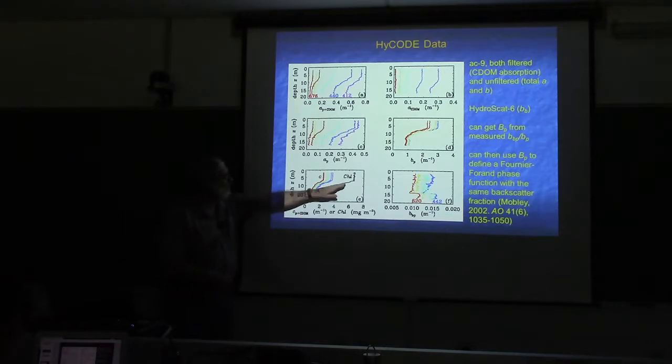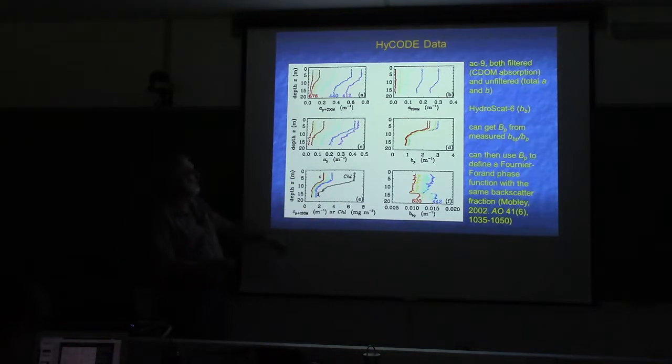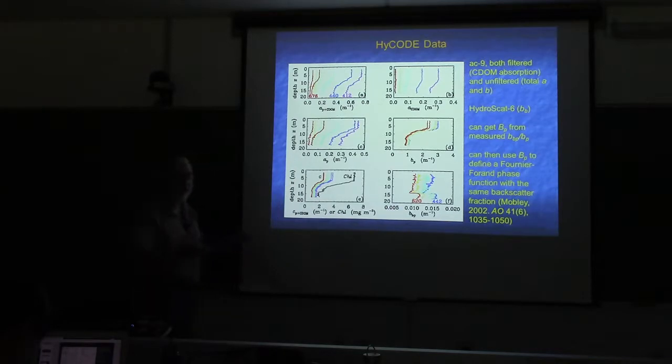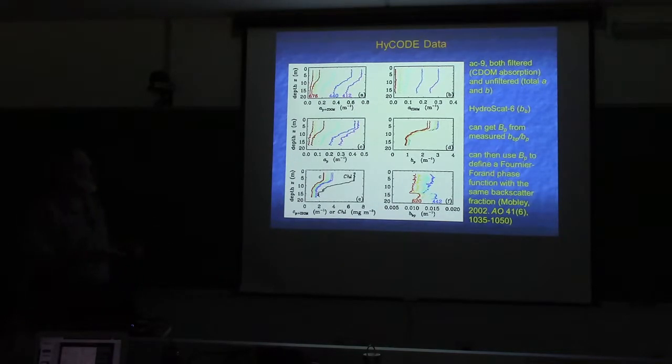And of course, the shape of the chlorophyll curve corresponds pretty closely with beam C and the particulate absorption here. And you can see a little bit of a bump here in beam C corresponding to that. Okay, so anyway, there's the IOPs we had, wavelengths from 412 out to 700 roughly.